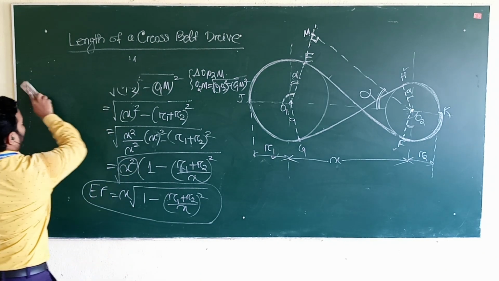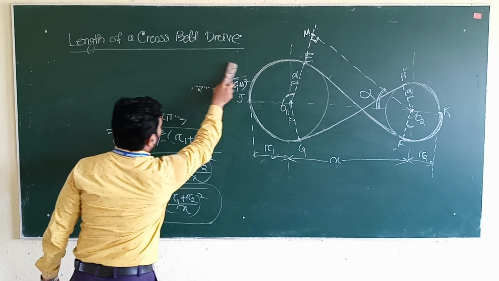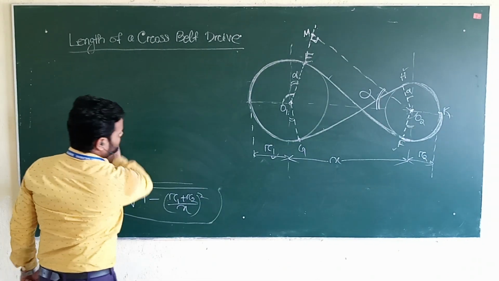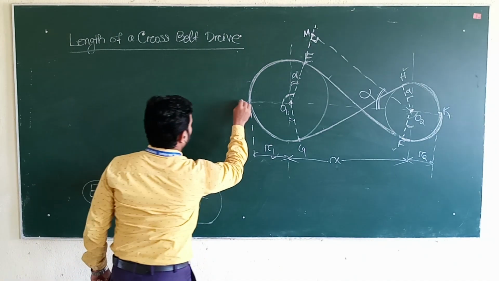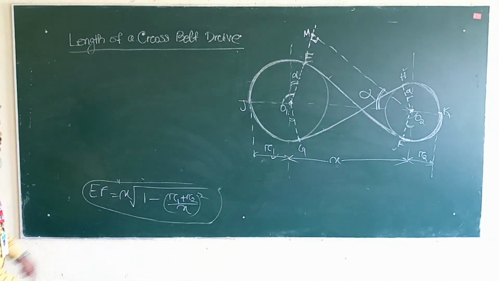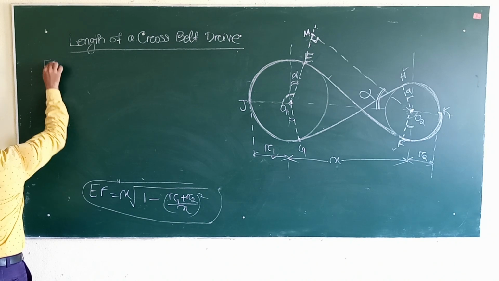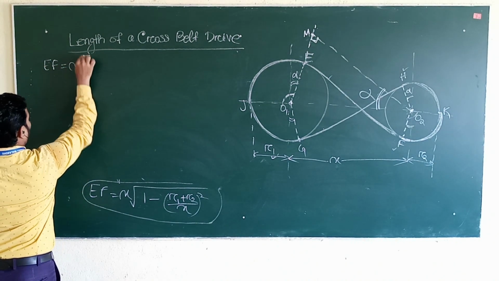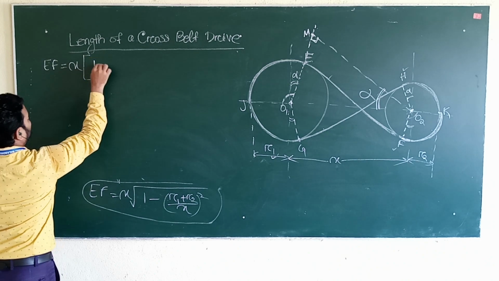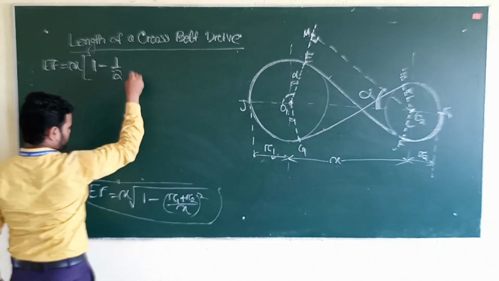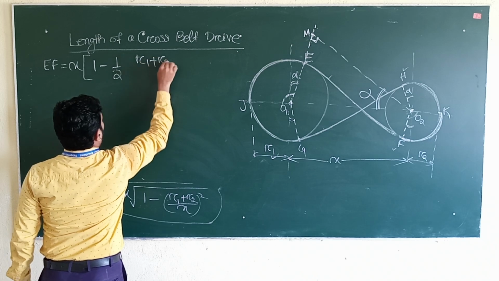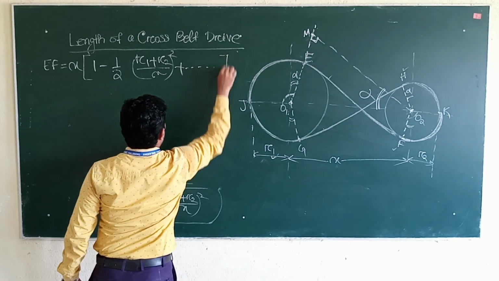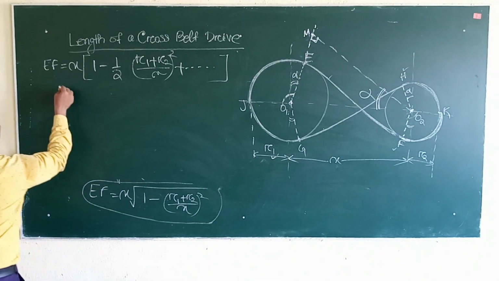After expanding, we get EF equal to x times the bracket 1 minus half (R1 plus R2 divided by x) square, plus several other smaller terms which we neglect.